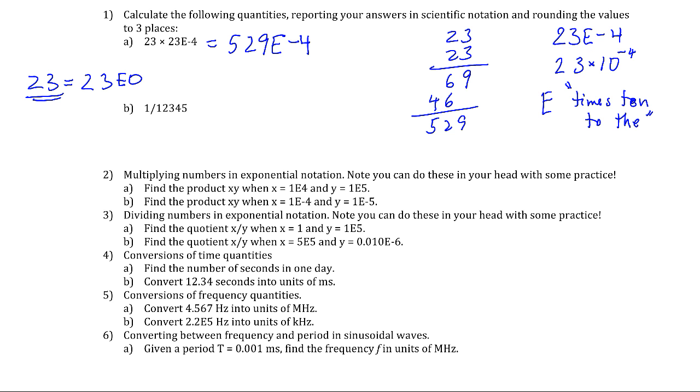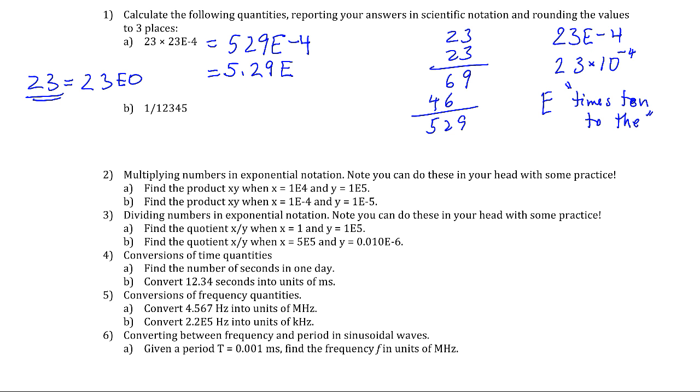Okay? And this has 3 decimal places in it, which is fine. If you want, I can write this several different ways. I could write it as 5.29. Sometimes it's more standard for scientific notation to have a mantissa which is between 1 and 10.